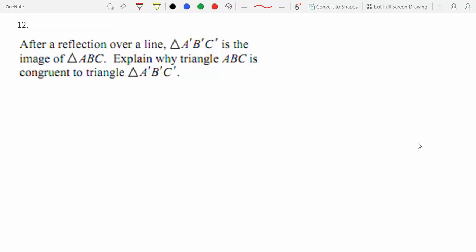All right, 12. 12 is like a weird one, and this is just kind of like Regents Prep. This is one of those you can just read and snap answer, but I'll kind of explain it to you in the meantime.